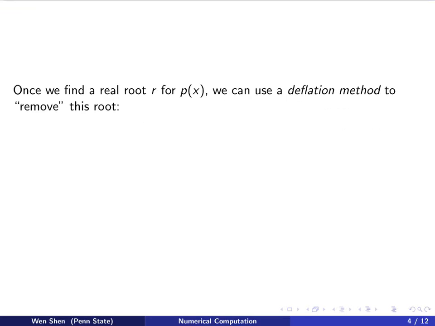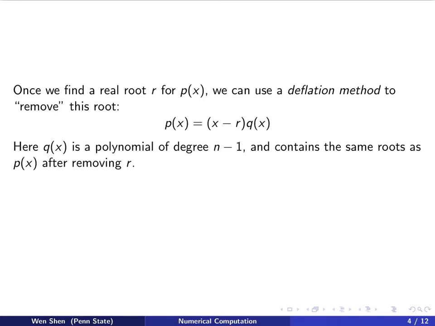Assuming now we are successful and have located a real root r for p, then we can use a deflation method to remove this root as follows. The polynomial p, if it has a root r, then it must contain a factor x minus r.